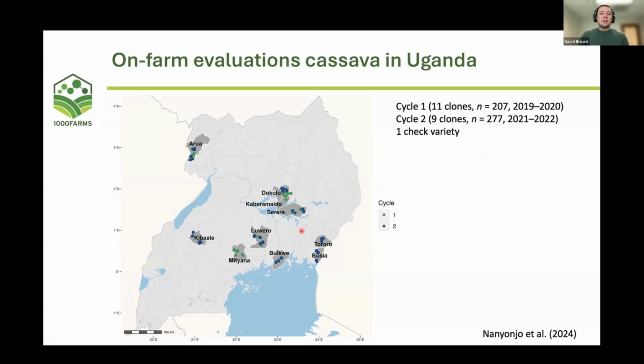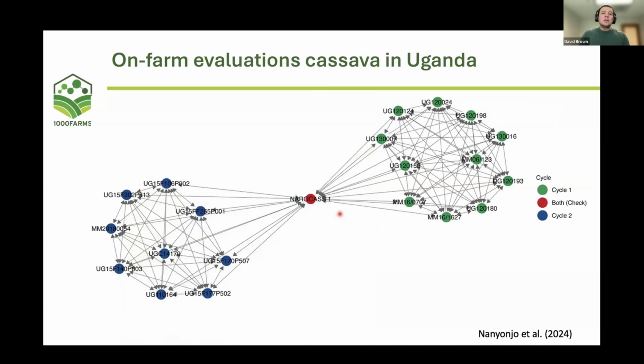You could see that the experimental design of the allocation of the trials was spread across Uganda, and the aim was to cover different agroecological zones. The check variety is the one allowing us to combine the two cycles and compare them. So there is no direct comparison between the varieties evaluated in the first cycle to the ones in the second cycle.